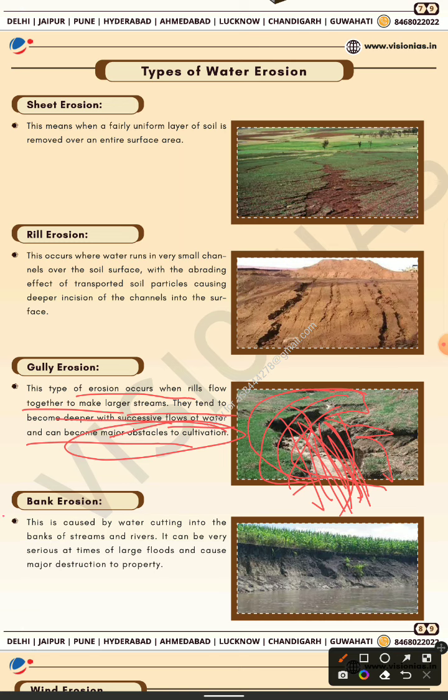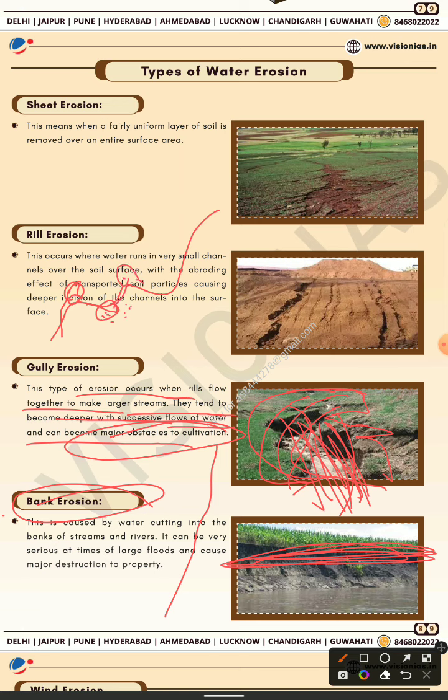Then the bank erosion, you have seen this, the bank erosion. You have seen the rivers, and the first you have known the rivers in this form. Then the rivers can be deposited and eroded. This part can be eroded and this part can be the deposit of the sediment.